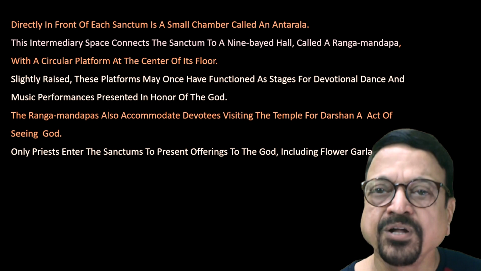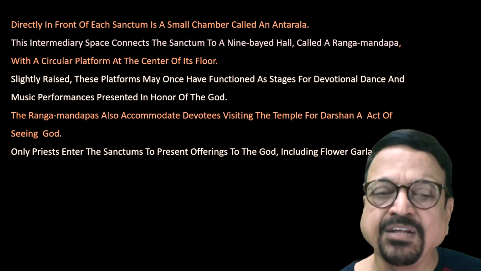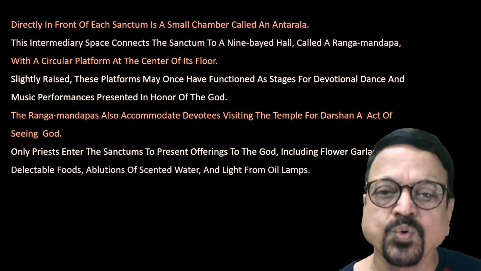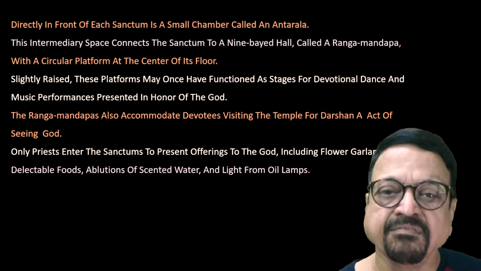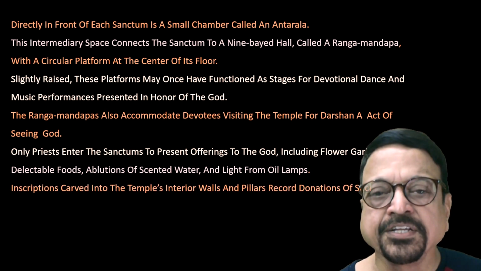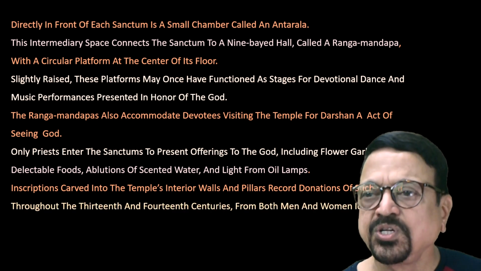As far as the Garbhagriha is concerned, only the priest can enter the sanctum to present the offerings brought by the followers, like fruits, milk, vegetables, etc. Devotees can bring oil also to light the lamps.